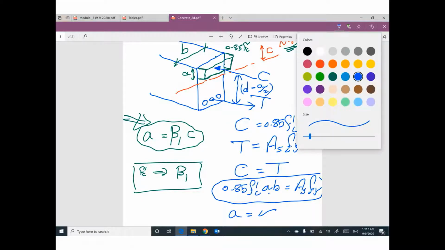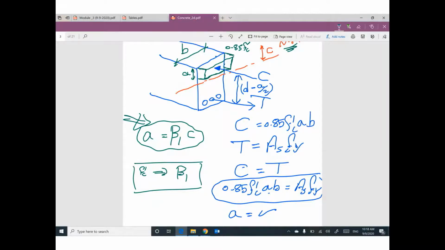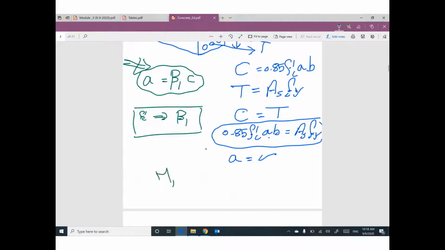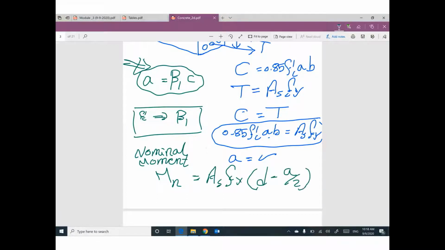So your final moment, Mn, which is called the nominal moment, equals area of steel times fy times d minus a divided by 2. We covered all of this before. That's right.